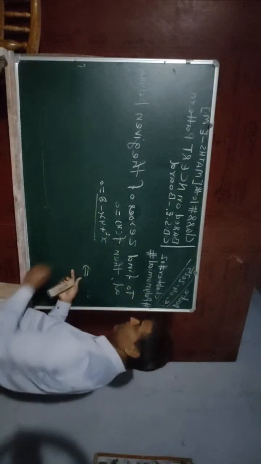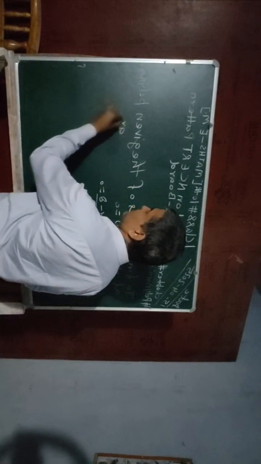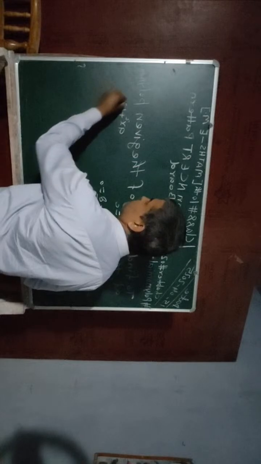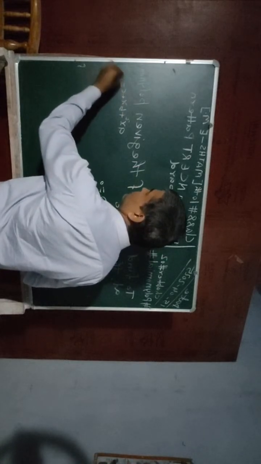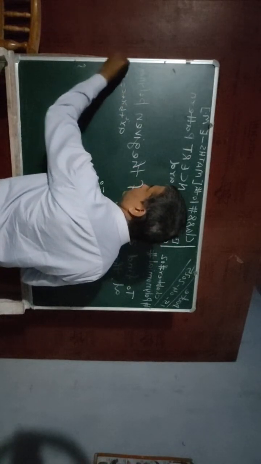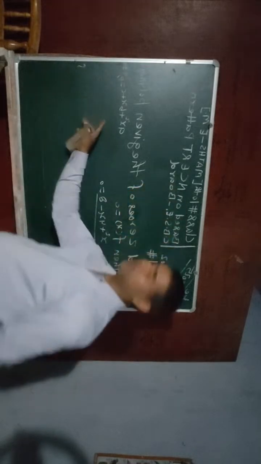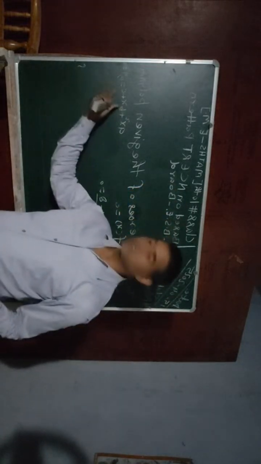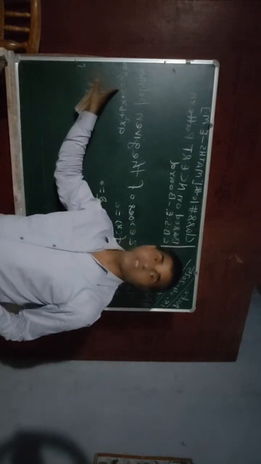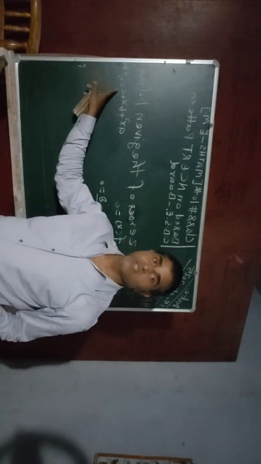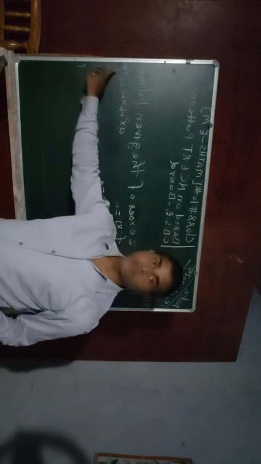Now the general quadratic is ax square plus bx plus c equal to 0, and a cannot be 0. If a is 0, this term will be 0, so the equation will become a linear equation. Therefore a cannot be 0.